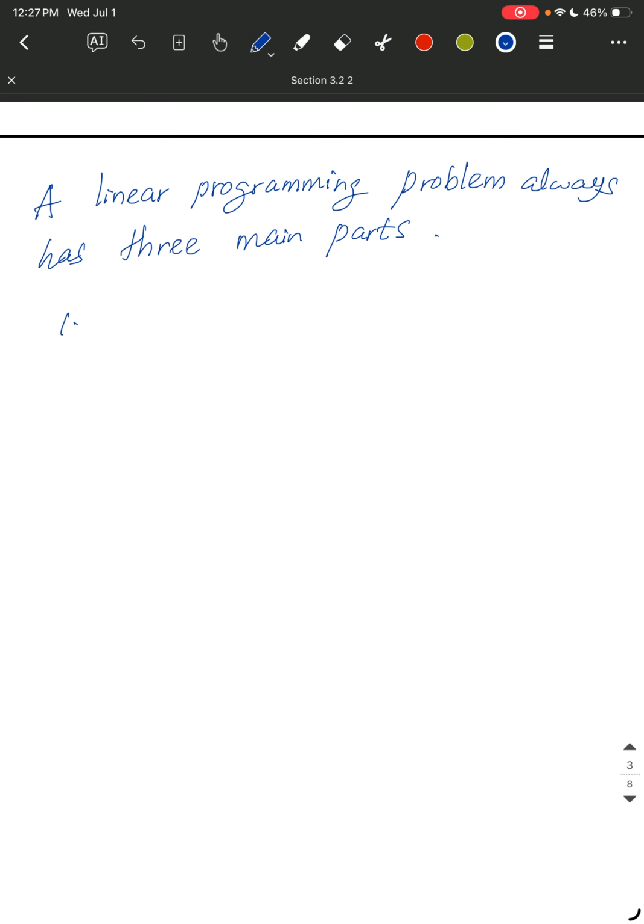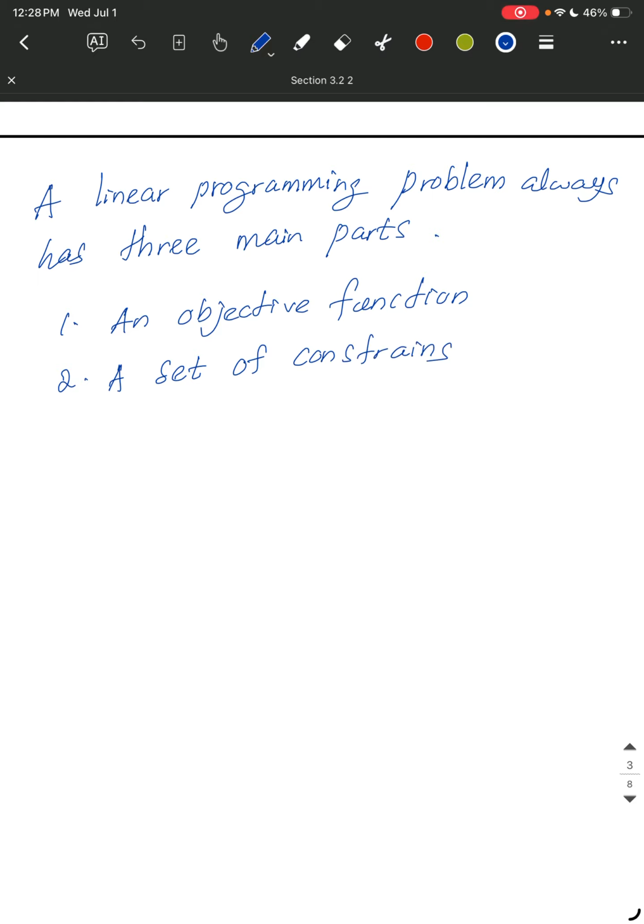The first one, an objective function. Second, a set of constraints. Third, non-negativity restrictions. The non-negativity restriction means our variables cannot be negative.